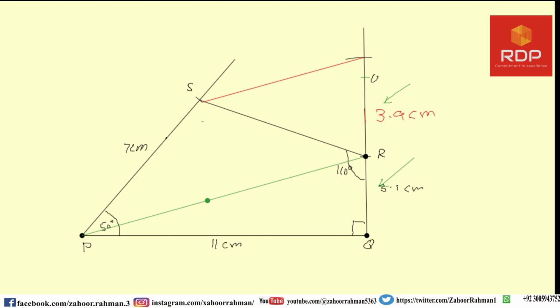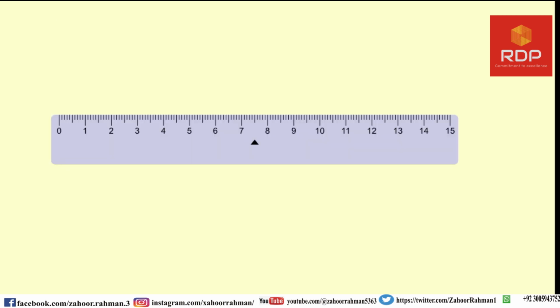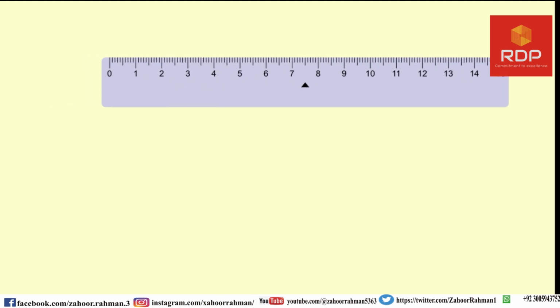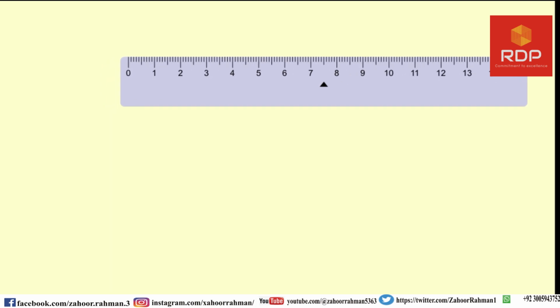Next question is question number 14, in which they are saying construct a trapezium. Okay, first I am drawing a line of 5 centimeter, and I am starting it from the above this time.